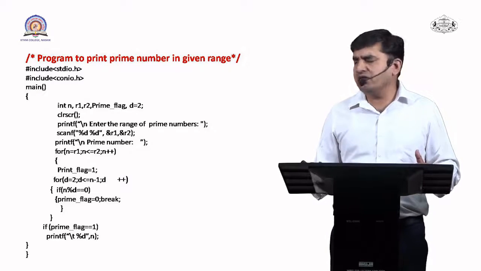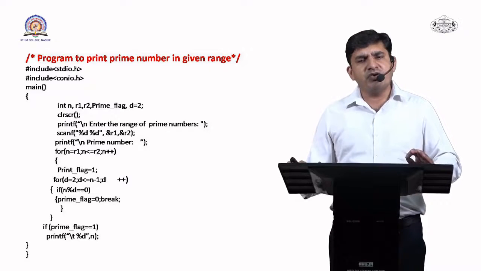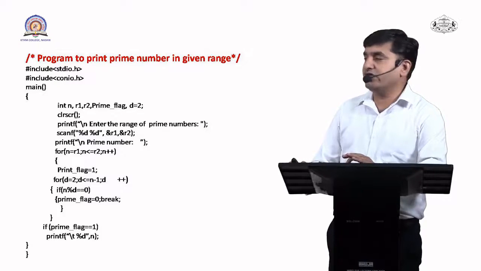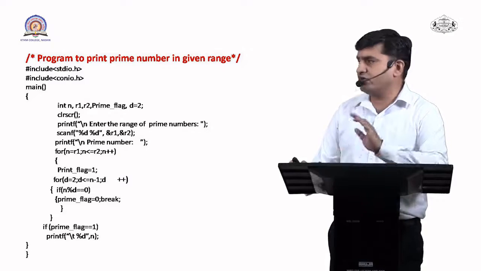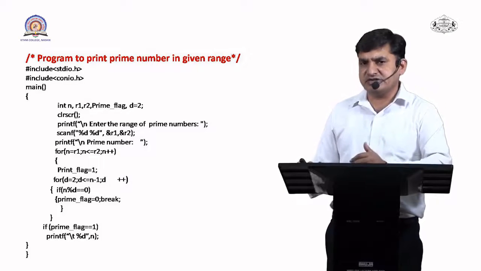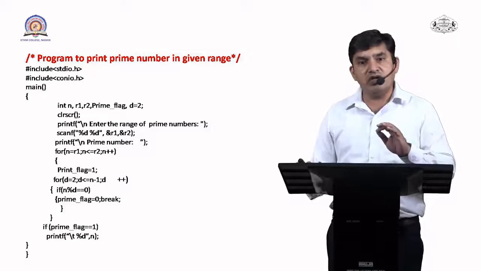Then this is the opening curly bracket. The body of a program is in a pair of curly brackets, that is, an opening curly bracket and a closing curly bracket. Now consider the variables. n is an integer, a whole number.